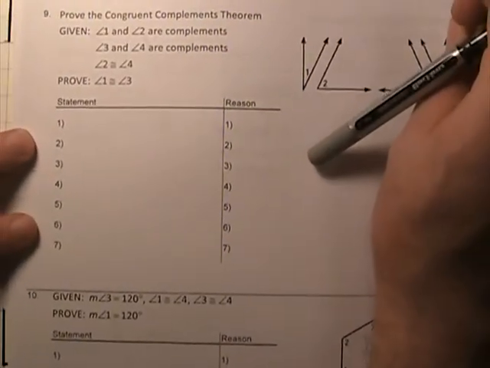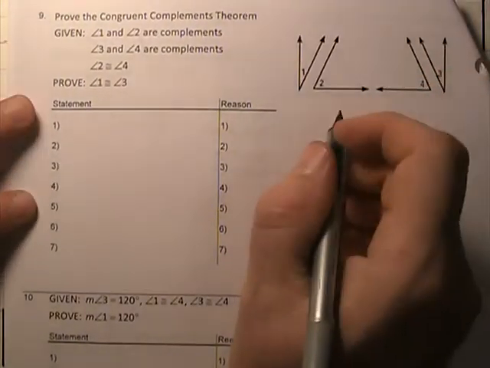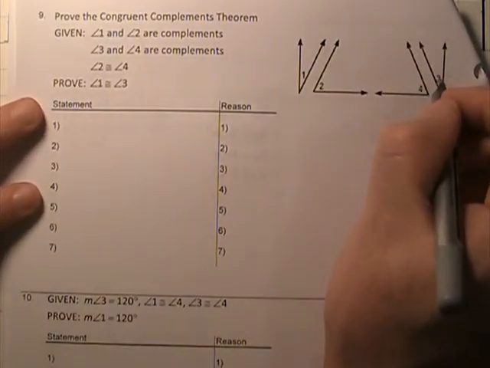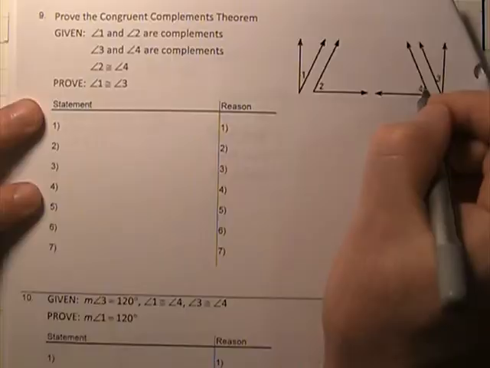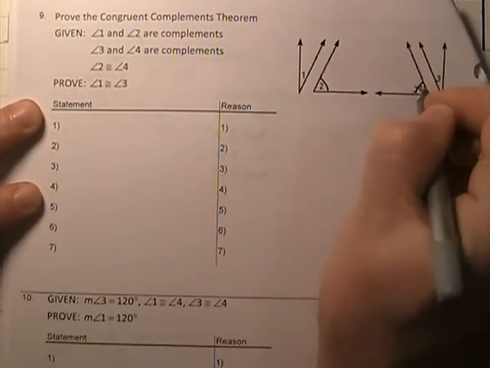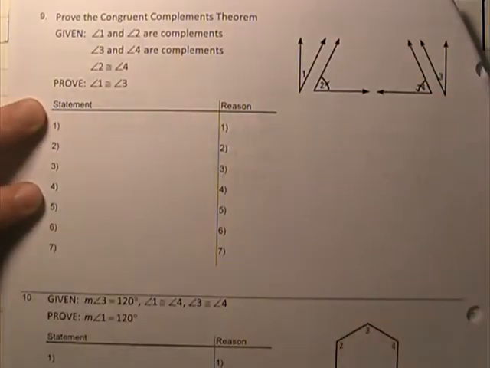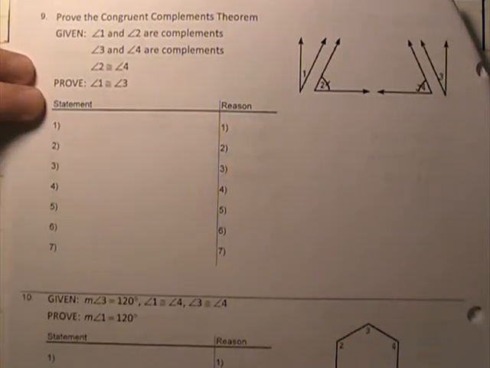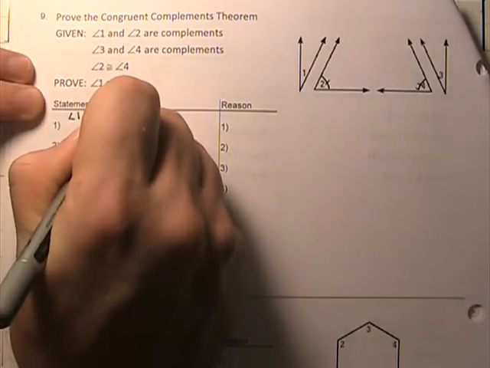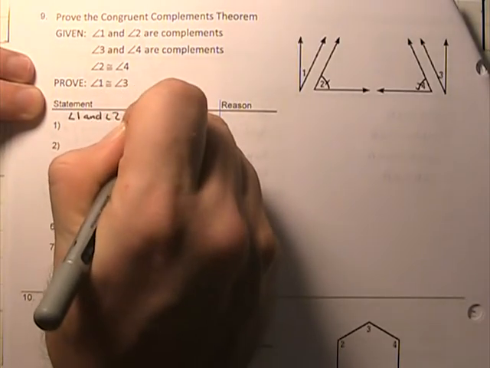Okay, proving the congruent complements theorem. So 1 and 2 are complements, or add up to 90. 3 and 4 are complements, they add up to 90. And 2 and 4 are congruent. So angle 1 and angle 2 are complements.